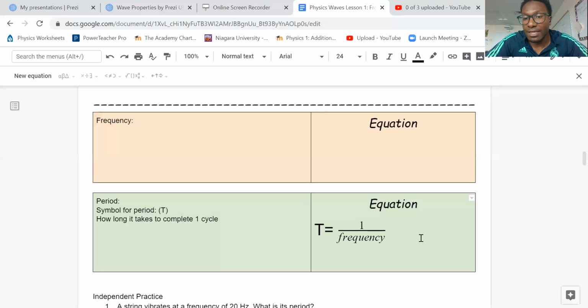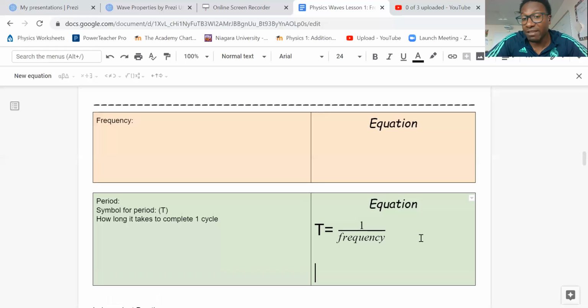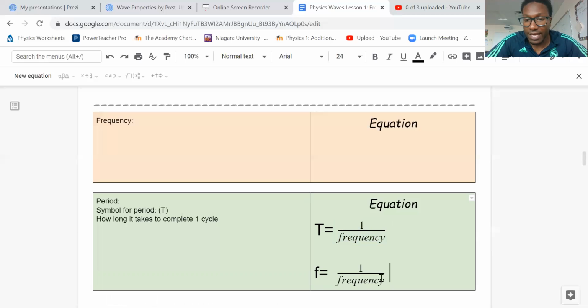So that can be used both ways. Perhaps they give you the frequency, and that'll be 1 over time. Oh, sorry, 1 over period. So you can use them interchangeably.